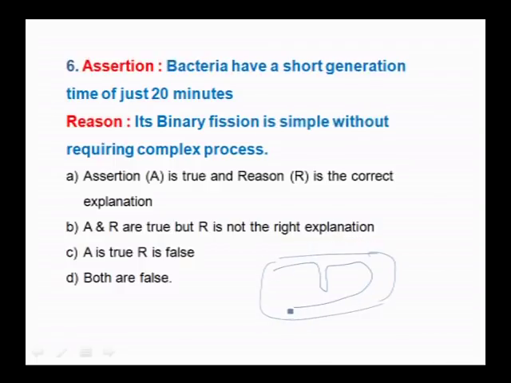The two nucleoids, or two sets of DNA, get separated on opposite sides. The mesosome extends further, meets the opposite plasma membrane, thereby dividing a bacterial cell into two separate daughter cells. As a result, we can say that the right option for this question is A.